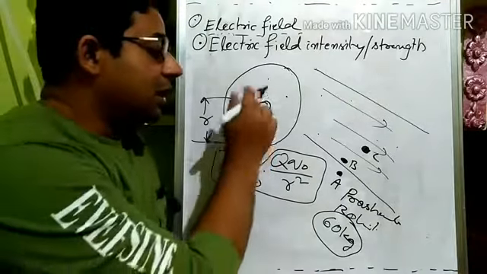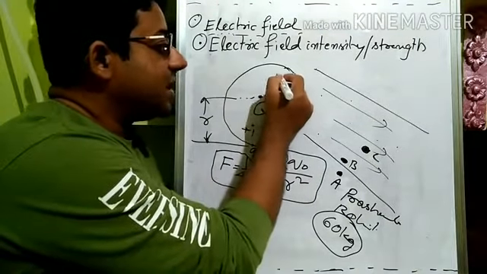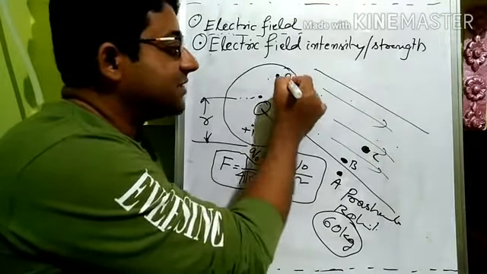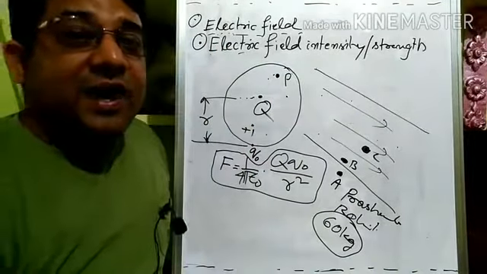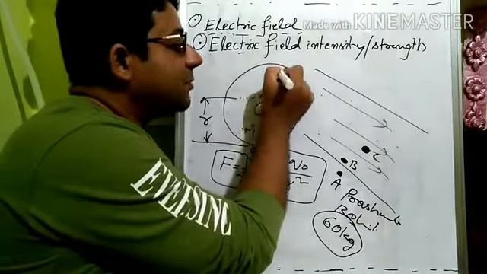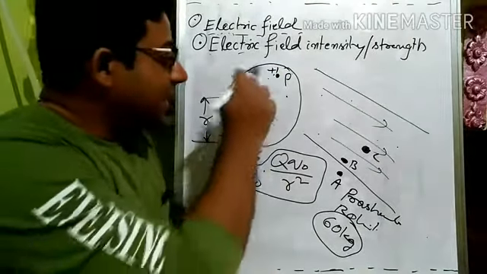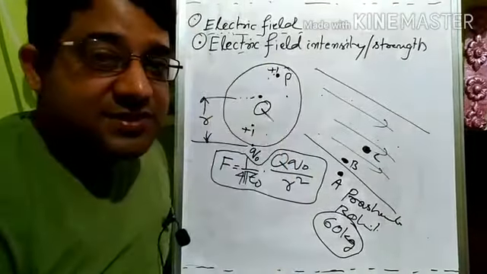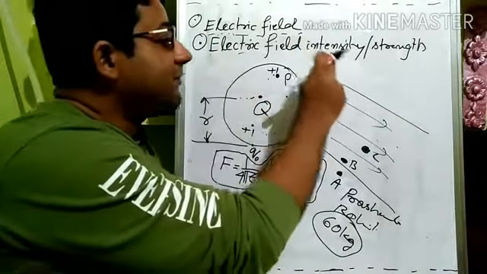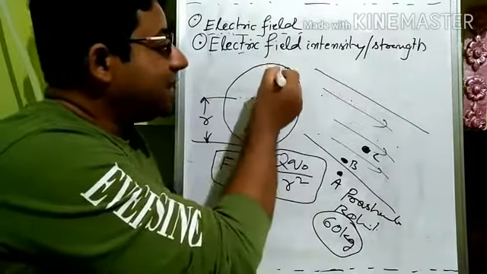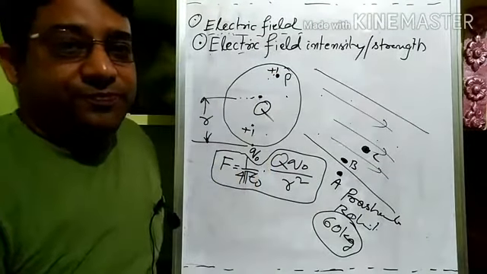For example, due to Q, let us say I want to find the electric field intensity at point P. Then how will I measure? I will imagine I place one unit positive charge there, and due to Q, whatever force it is experiencing I will calculate, and that force is equal to the electric field intensity at point P due to Q.